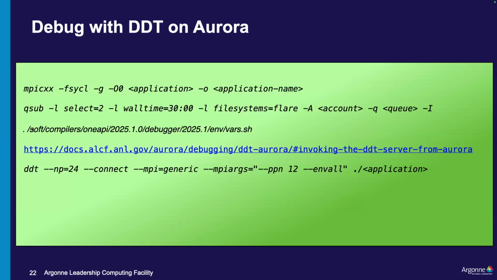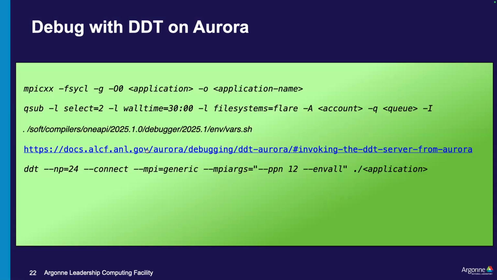Eventually this will be the default on Aurora, but for now we have to run the script to get the latest oneAPI, which gives us access to the latest GDB fixes. Forge or DDT relies on the GDB that Intel provides, and any fixes that Intel upstreams, we automatically get in the debugger. So we work quite closely with Intel, and we raise bugs with Intel, and once they fix it and release a new version of oneAPI, then the DDT debugger improves as well.